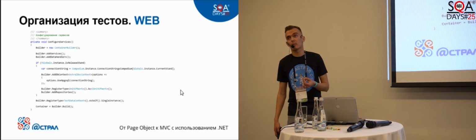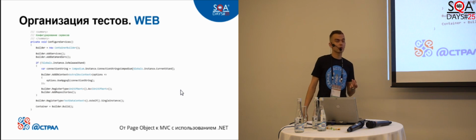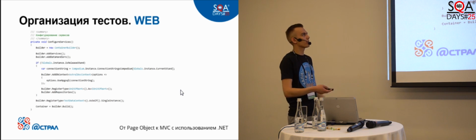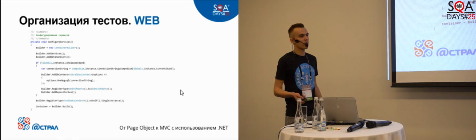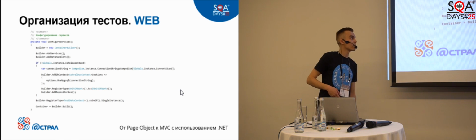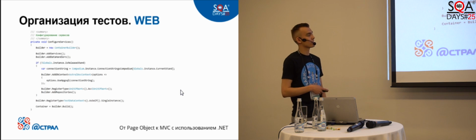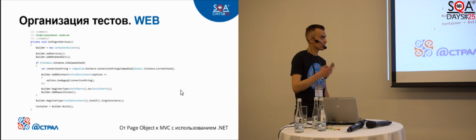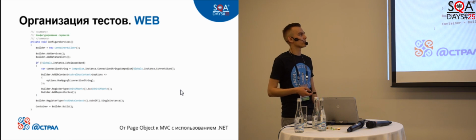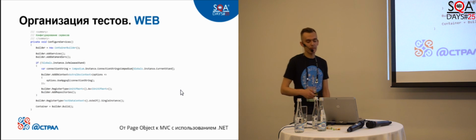In this case, when we use such a platform for a web application, the configuration remains the same. We also switch on processing services and necessary settings for our tests. In our case, we have a database, and we launch the database context.